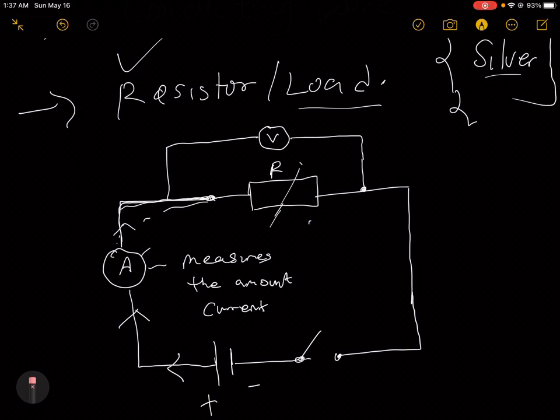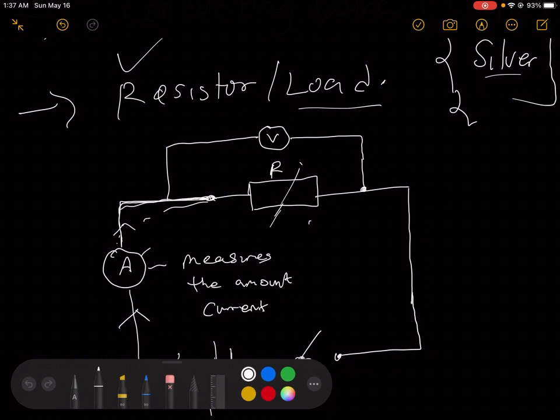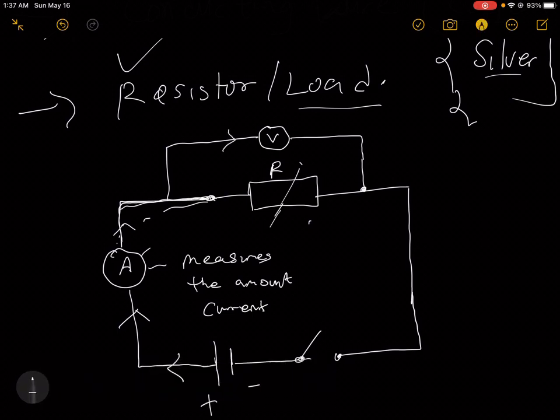Let me clean this up. So we have a voltmeter too, which actually measures the voltage across this resistor. Then I'm going to explain why our voltmeter is connected this way and why our ammeter is connected this way. I mean, why can't we have voltage here?